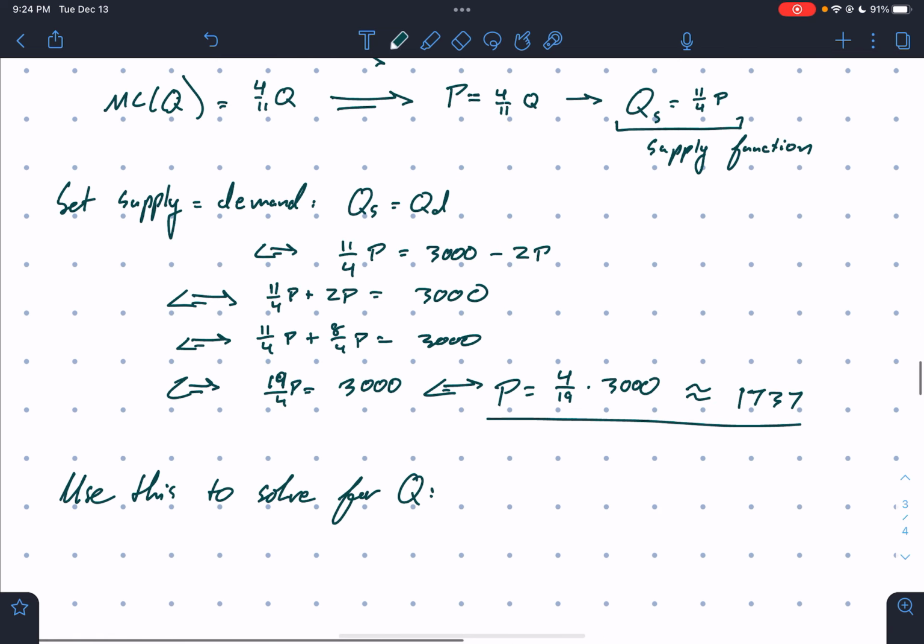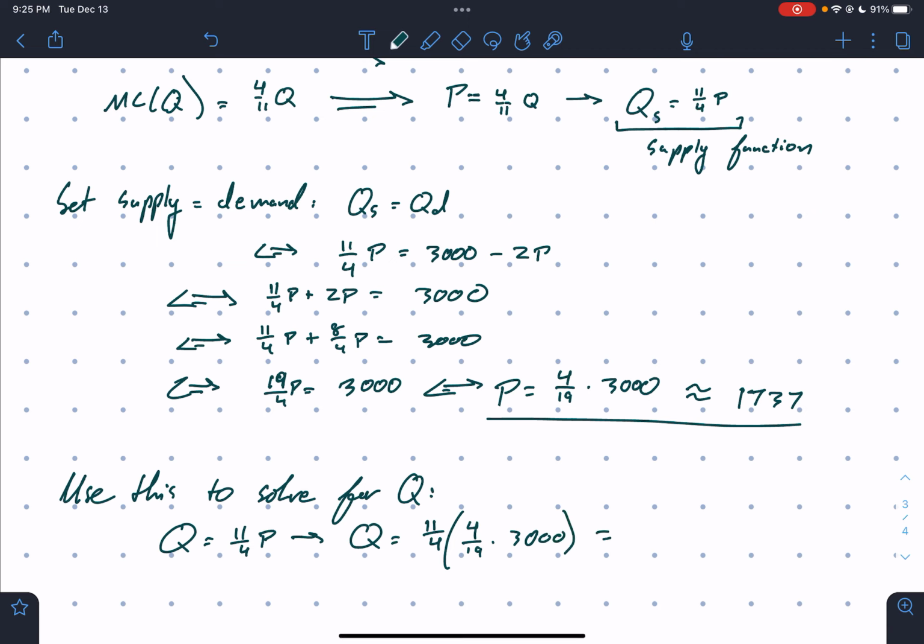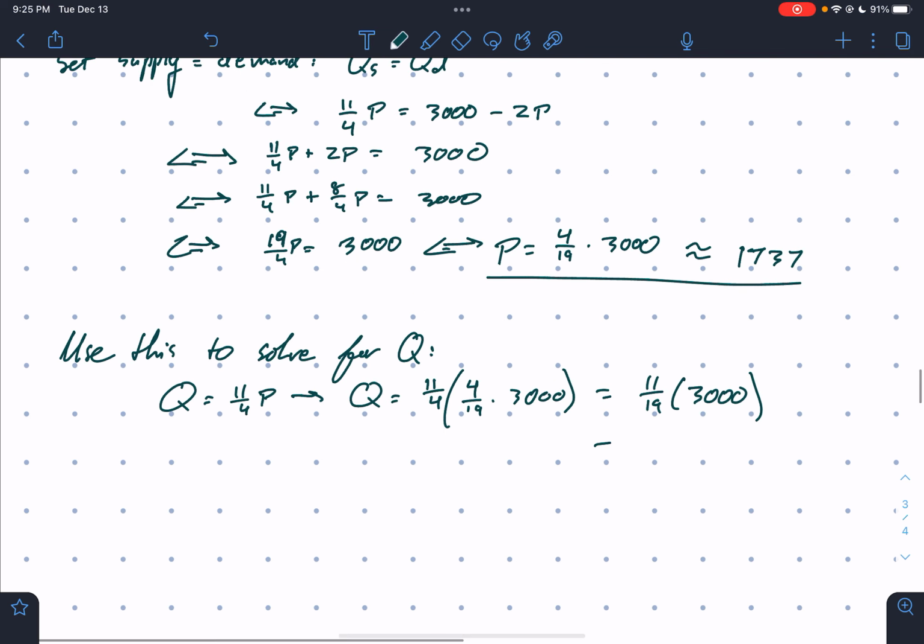So we're going to use this to solve for Q. We know Q is equal to 11 over 4 times P. So Q is 11 over 4 times, I'm just going to write it in its unsimplified form, 4 over 19 times 3,000. So this is 11 over 19 times 3,000.